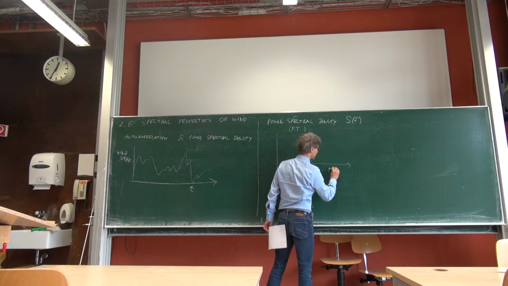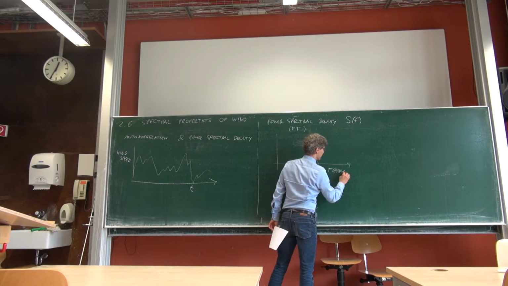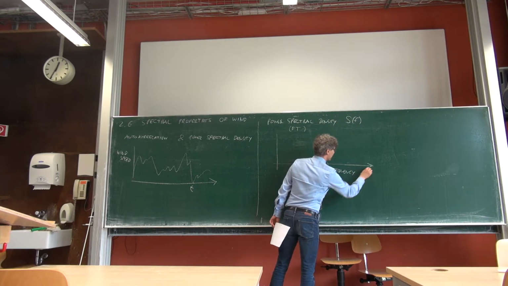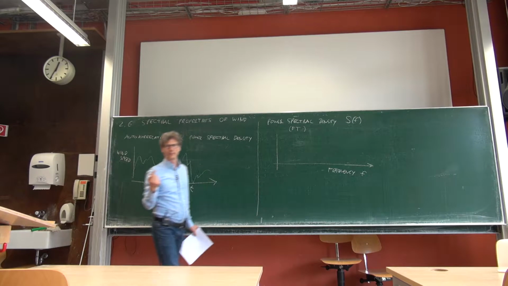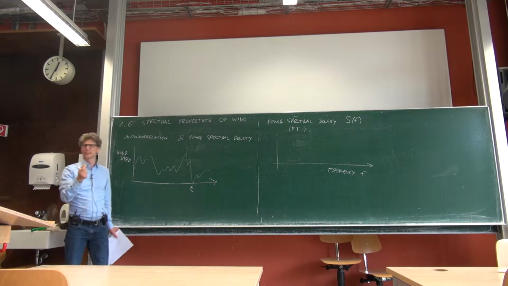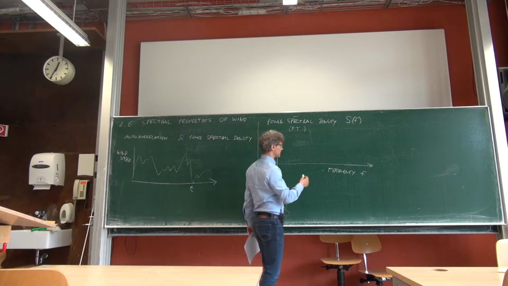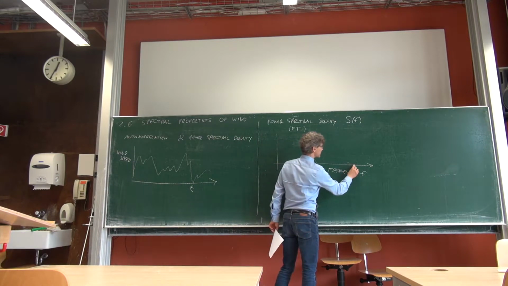So here we would have frequency, and I call it F. Frequencies we can either measure in hertz, but we can also measure them in the time scale of their period length, which I find more intuitive. So if the frequency rises, the time scale is going down.